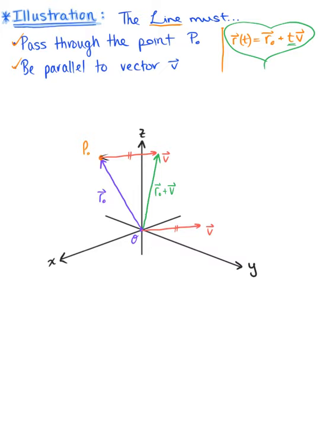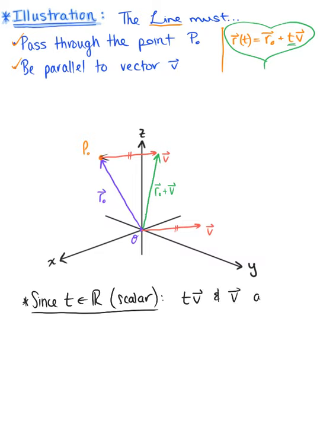Well, let's keep in mind that t is a scalar. Since t is an element of the real numbers, in other words, a scalar, we can make a note to ourselves that t times vector v and vector v are scalar multiples of each other. They're parallel. They exist on the same line. Woohoo!